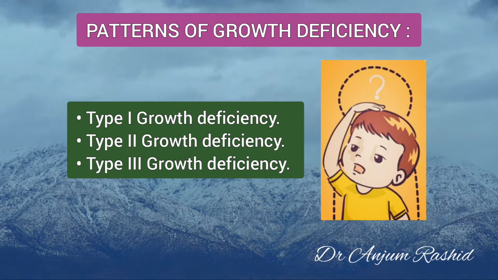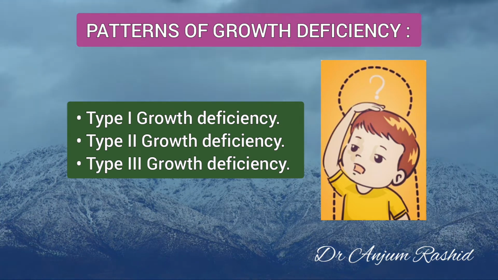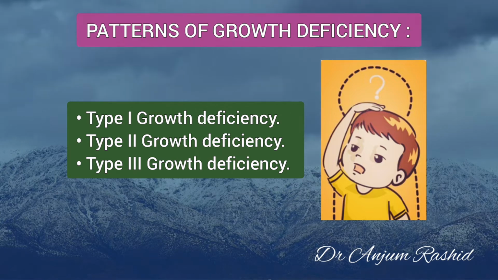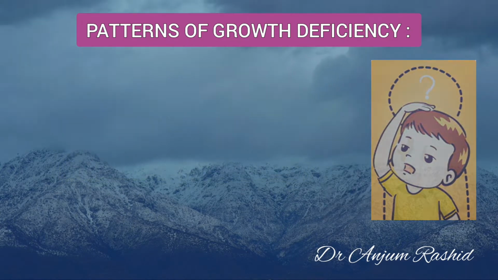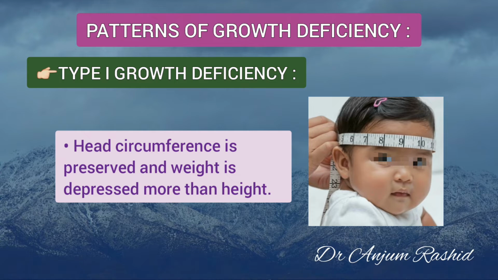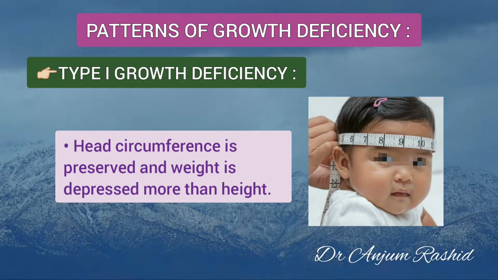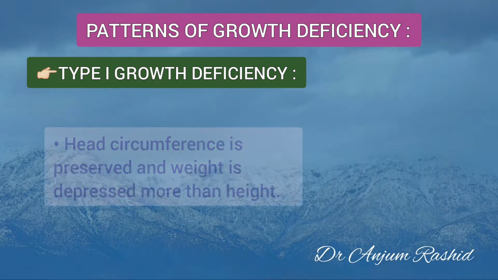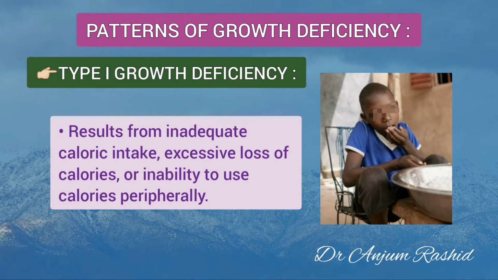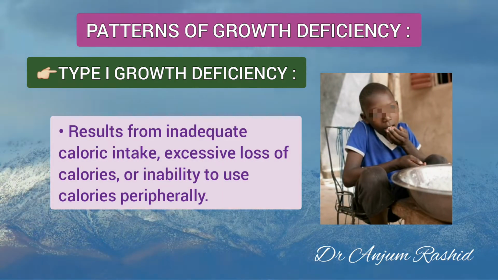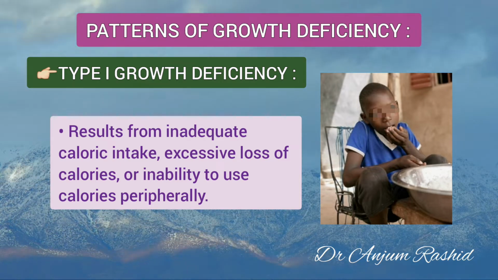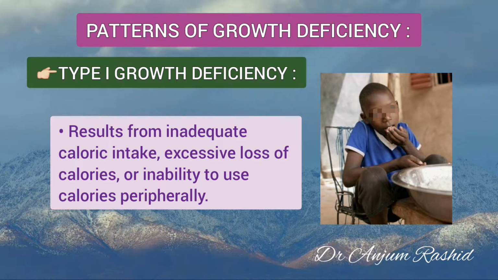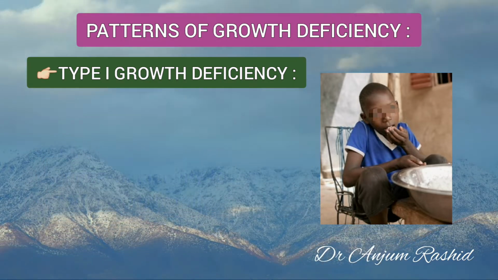Now, there are 3 general patterns of the growth deficiency. These patterns suggest but are not specific for the different causes. So, in type 1 growth deficiency, the head circumference is preserved and the weight is depressed more than the height. This most common type results from inadequate caloric intake, excessive loss of calories, or inability to use calories peripherally.